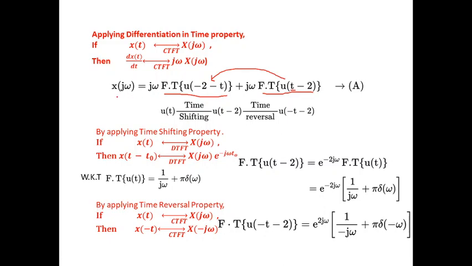So now what is our final x of j omega? You just need to add j omega into this answer plus j omega into this answer. So finally you can write x of j omega is equal to j omega into the value that you got over here plus j omega into the value that you got over here.